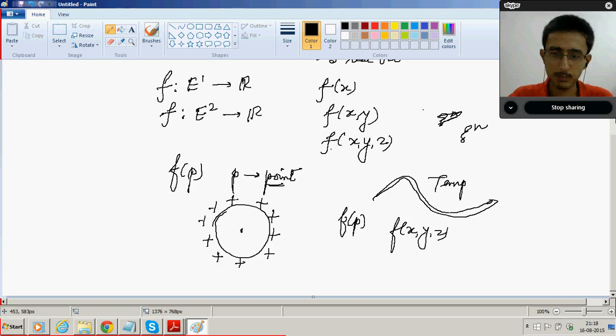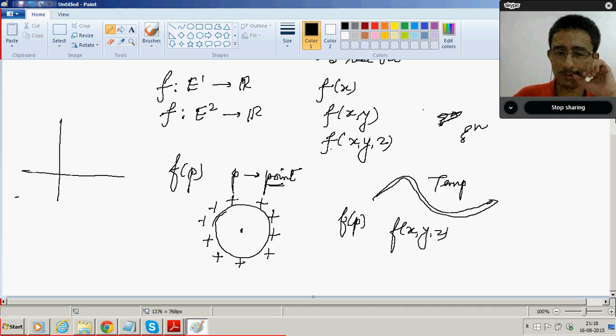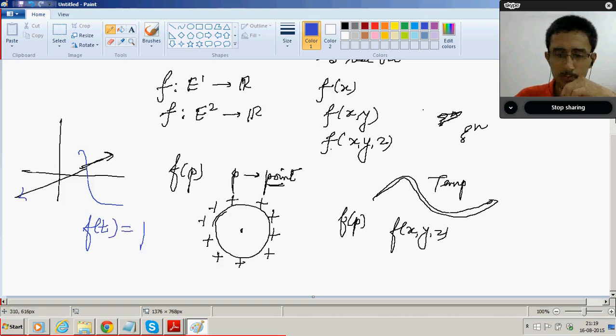Then, a function need not always be a numerical valued function. For example, let us say a particle is moving in an arbitrary fashion in 3D. So f of t equals some point p in three-dimensional space, right?